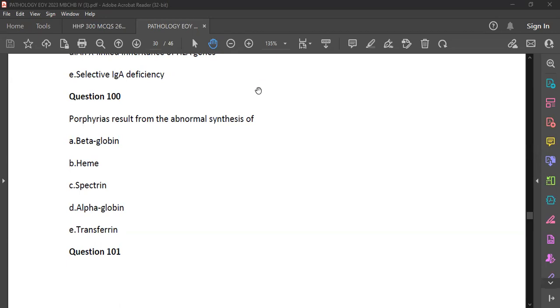The globin is going to be 2 alpha and 2 beta chains. Then the heme component has an iron component and a porphyrin component. So in a porphyria, where you have abnormalities in the synthesis of these porphyrins and protoporphyrins, you're not going to be able to make this heme. So the most correct answer here is going to be heme.